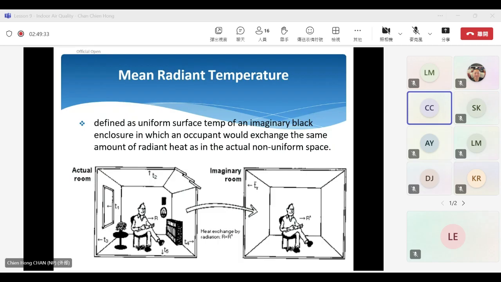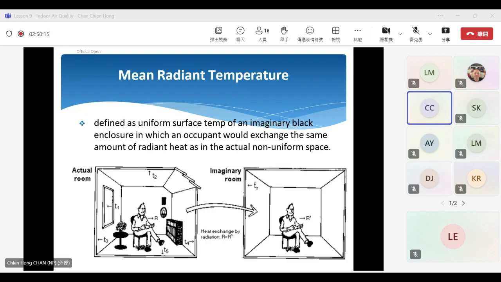Mean radiant temperature is a scientific value that is calculated. You cannot measure it using any instrument. It's a calculated value. So we have to take the surface temperatures of all our environment, right? The walls, the TVs, projectors, your laptop, all these heated surfaces are radiating some form of heat to you, right?